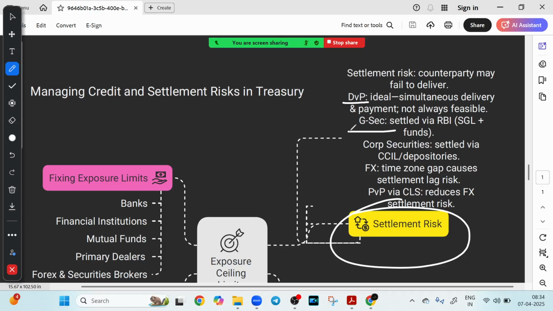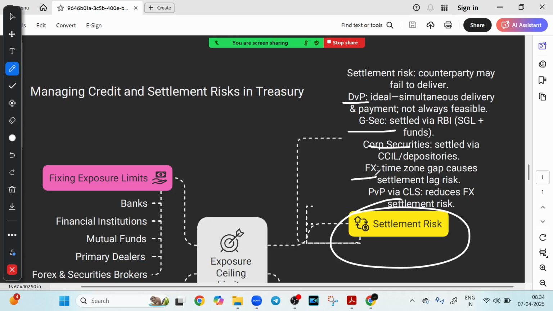Second thing is government securities, GSEC. GSEC is settled through RBI using SGL funds. Remember it, SGL, sovereign government bond. So friends, SGL plus funds. This is how GSEC is handled. Corporate securities are settled via CCIL, the Clearing Corporation of India Limited, or another depository.